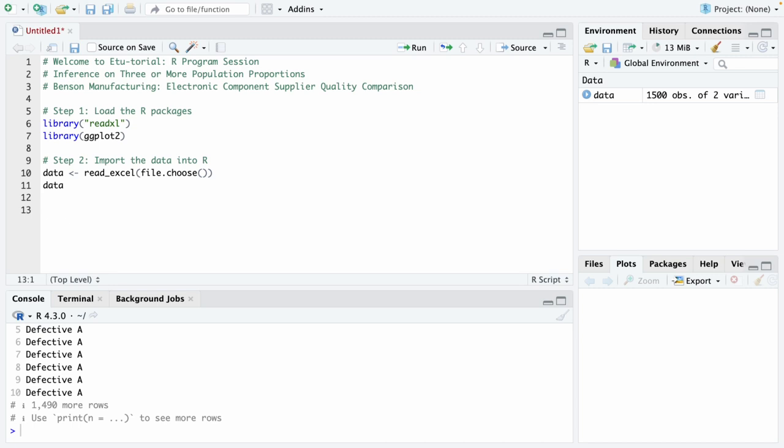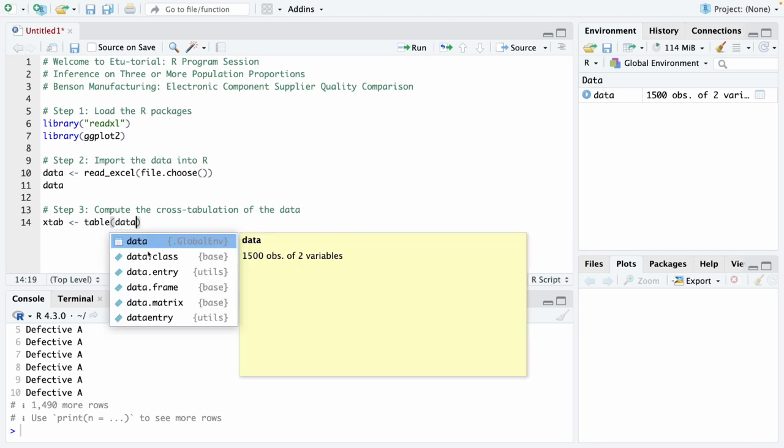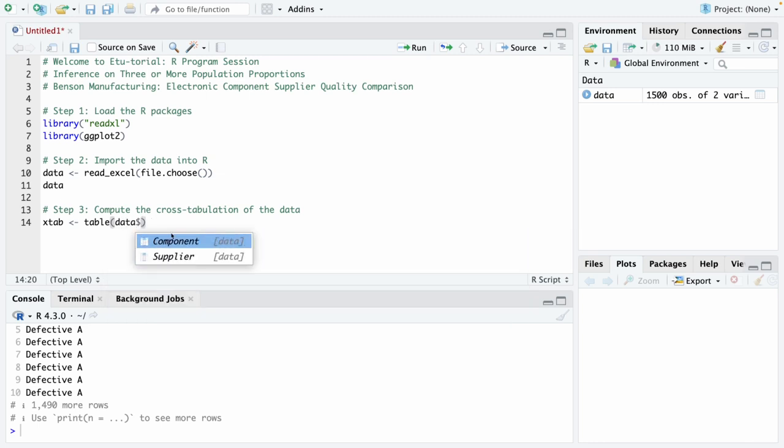So our next step, step 3, is to create a cross tabulation. So we say compute the cross tabulation of the data. We'll call it crosstab, and we use the function table. Then we call the data component.